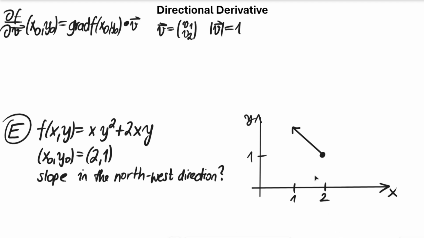What you have to assume is that this two-dimensional plane is a topographic map of a mountain landscape, for example. You are looking from the top, so the top view, and you are standing at this position, 2, 1. And you move northwest. And we are asking, how steep is the slope, uphill or downhill in that direction?